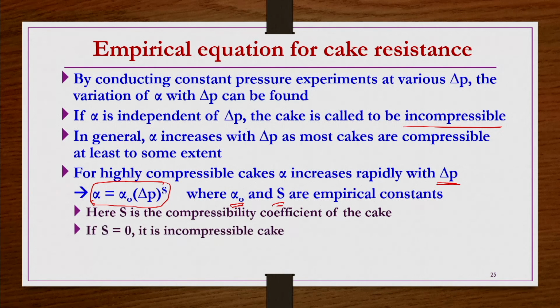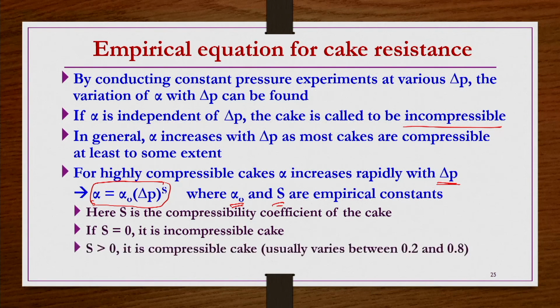If it is 0, then the cake is incompressible. If it is greater than 0, it is a compressible cake, and usually for compressible cakes it varies between 0.2 to 0.8.